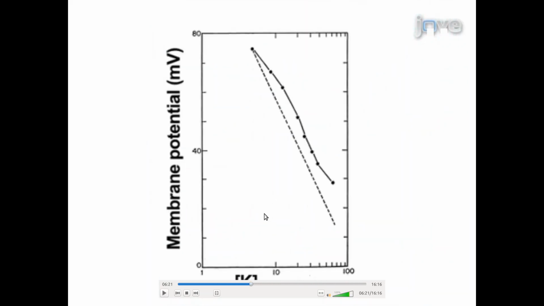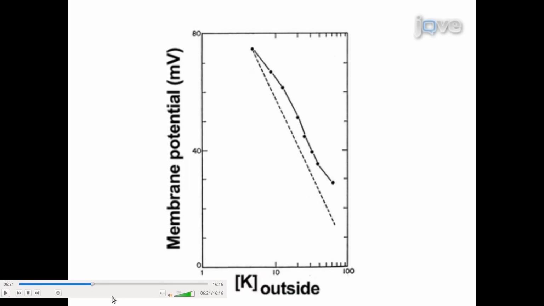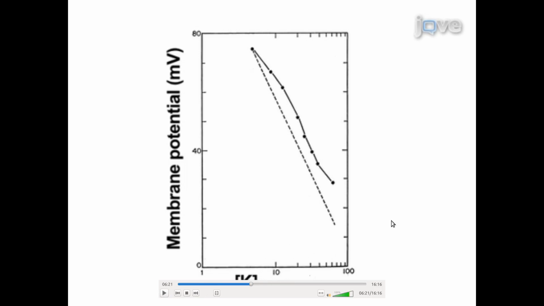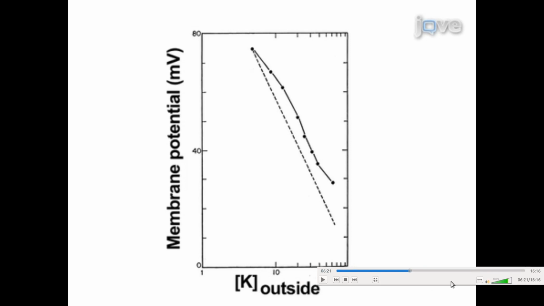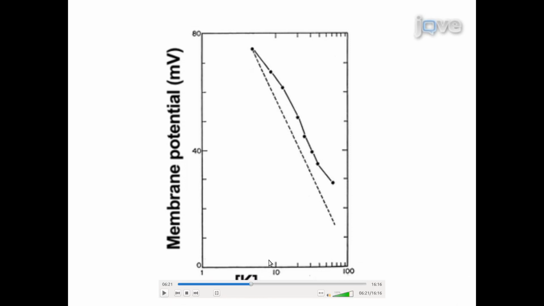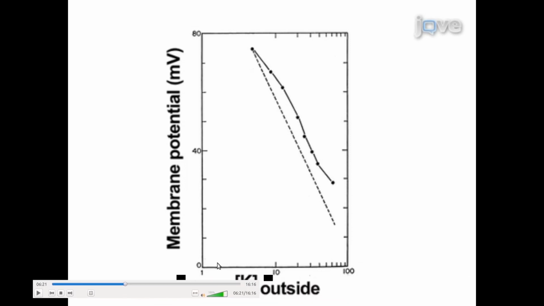Now they plot the resting membrane potential. So basically, as they increase the potassium concentration outside, moving right on the x-axis, this is plotted with a negative opposite, right?